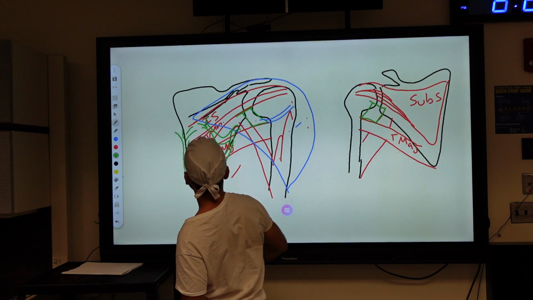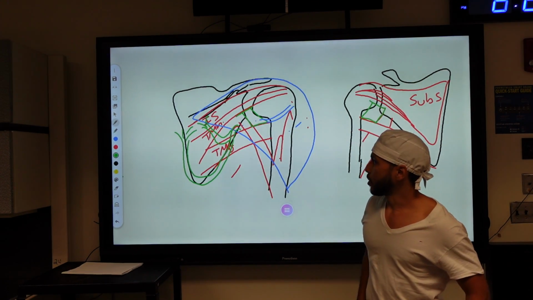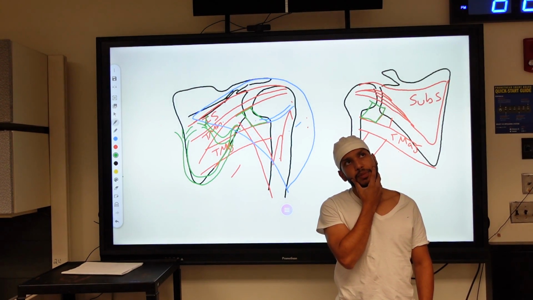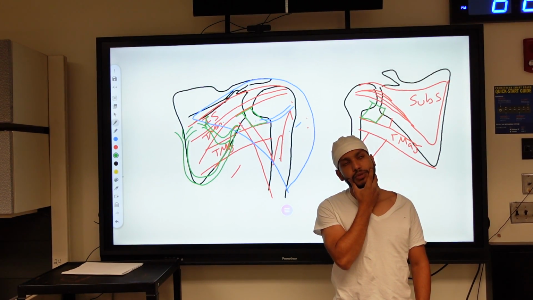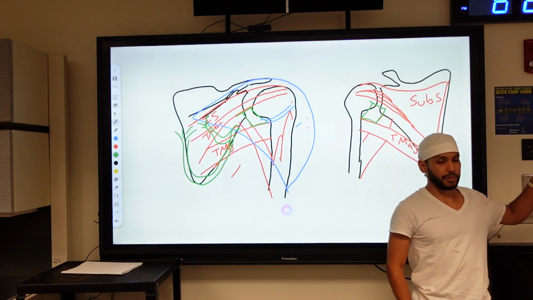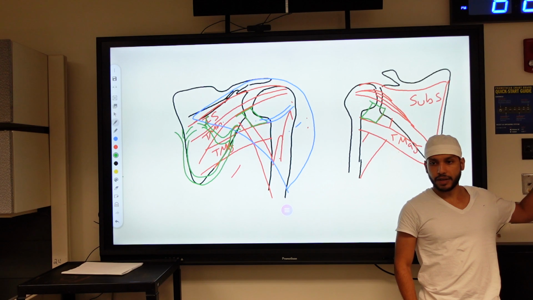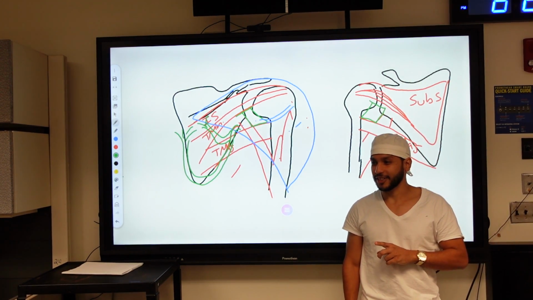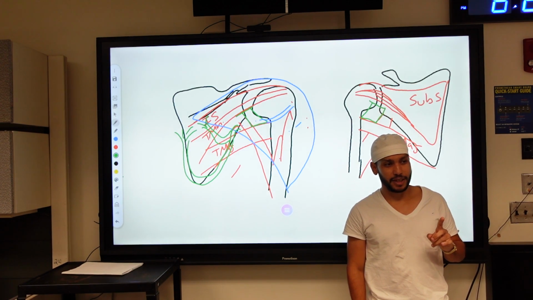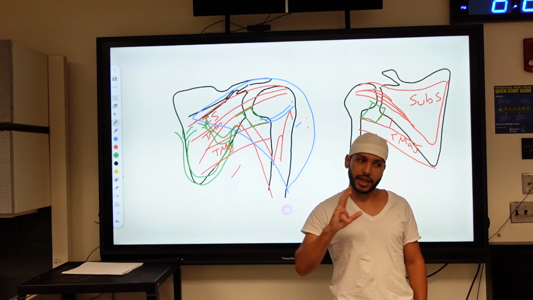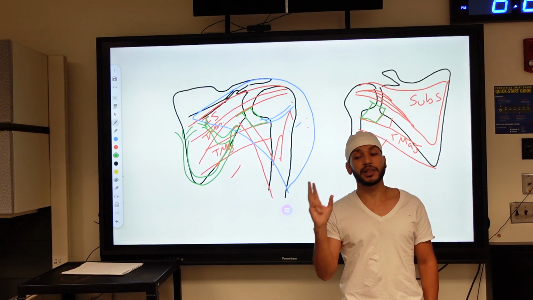Now, remember when I told you that there was a suprascapular nerve coming off of root C5 of the brachial plexus? And I told you that the suprascapular nerve is going through the suprascapular notch over here on the scapula. There's also a suprascapular artery, okay, that runs with it, all right? And the suprascapular artery, you guys haven't learned about it because it's not a branch of the axillary, it's a branch off the subclavian.